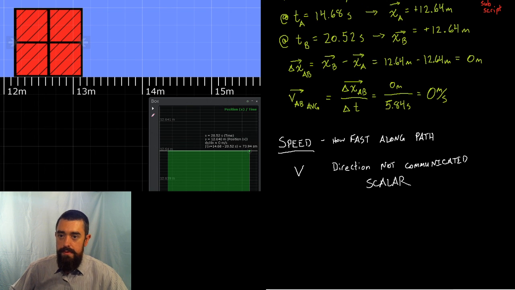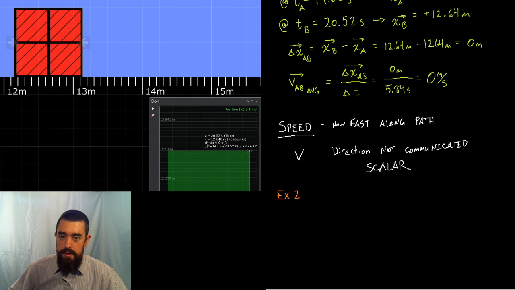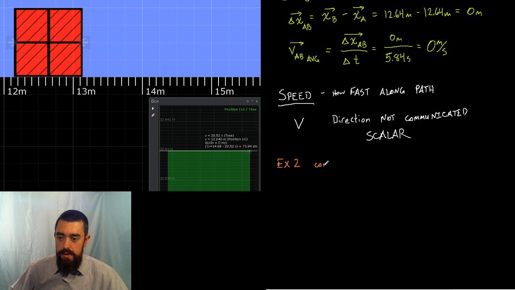All right. So let's have a different example. I'm going to call this example number 2. Constant positive velocity.